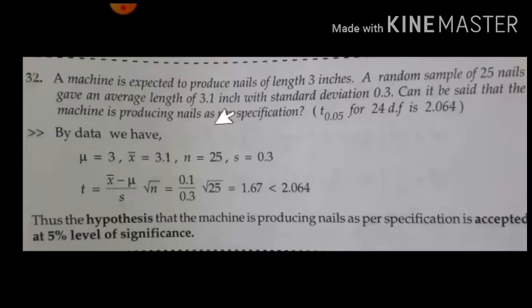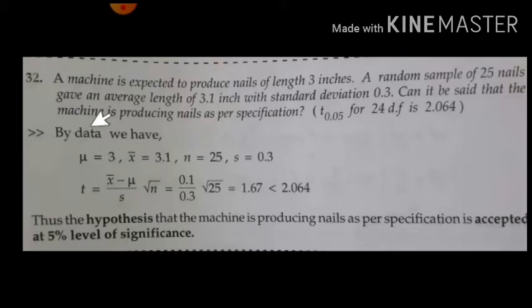What they asked you to test in the question, that itself you take as the hypothesis. In the textbook they have not written it, but it is always better that in the first sentence you write down what assumption you are making, what hypothesis you are taking for the given problem.